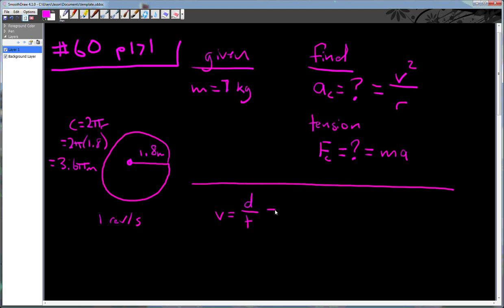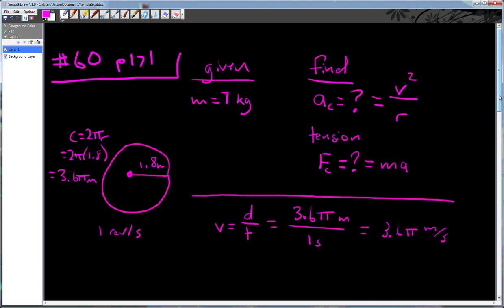Okay, so 3.6 pi meters divided by 1 second is 3.6 pi meters per second. Alright, so that's our velocity. Alright, we're almost done. These problems are pretty easy.